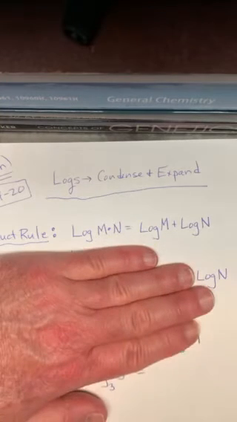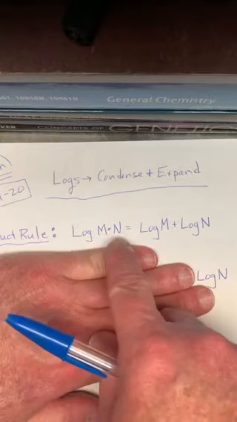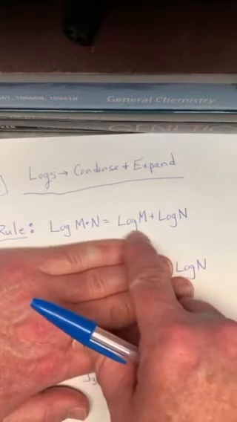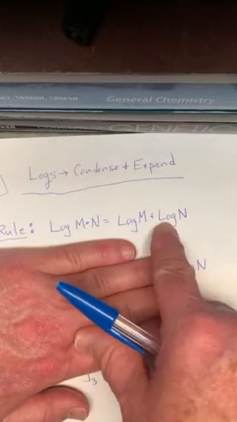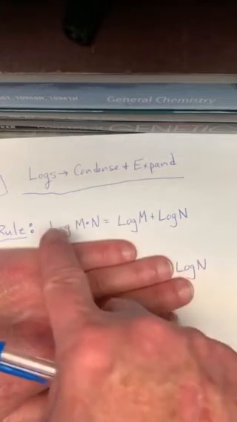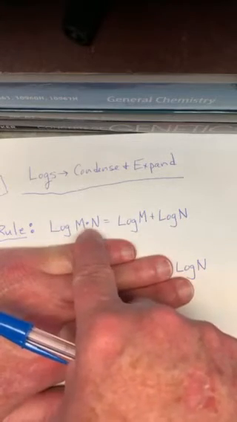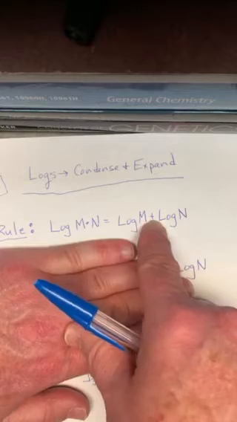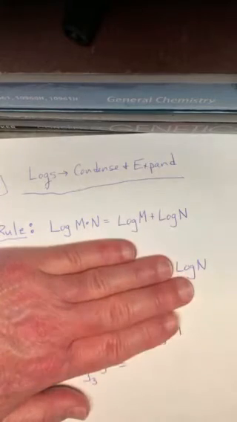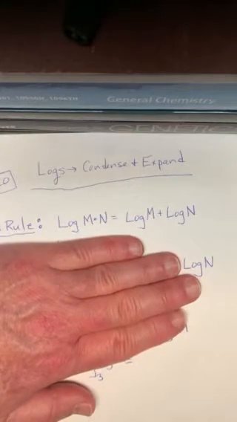And you'll see when we use these rules a lot in the next couple of days, the next 3 days, in fact. You can change the log of m times n into the log of m plus the log of n. Oh, so the log of a product turns into the sum of two separate logs. So the log of m times n equals the log of m plus the log of n.